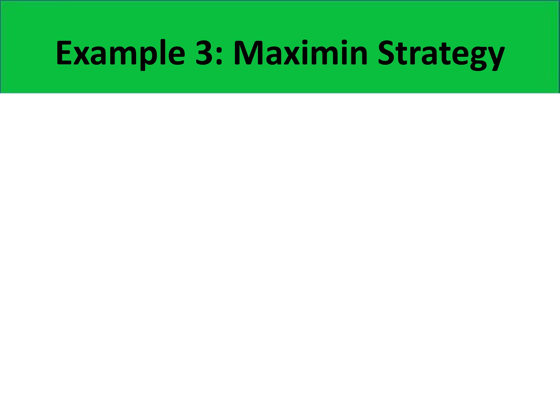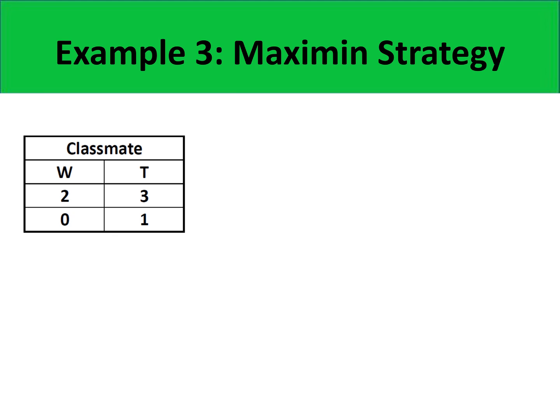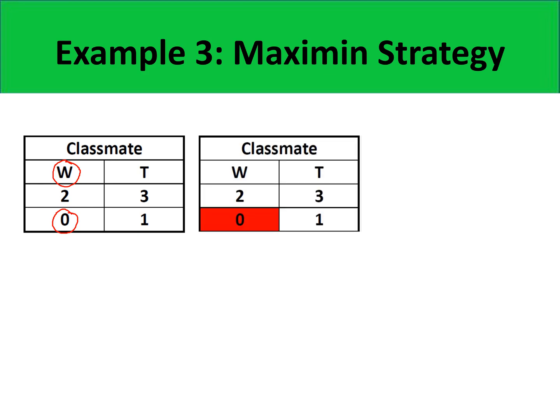To apply this, let us consider the payoff matrix of the column player. If the column player chooses to work hard, his payoffs would be either 2 or 0. The worst payoff here would be 0.